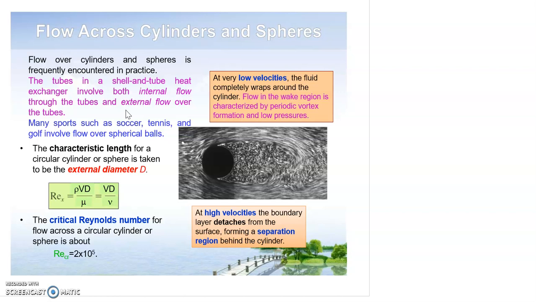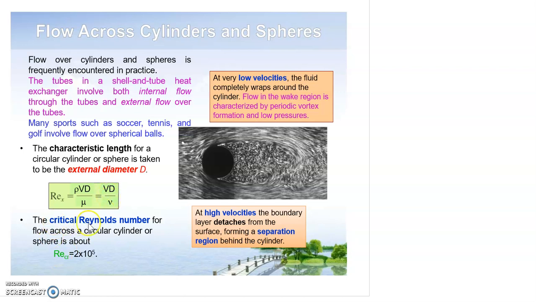So unlike the Reynolds number for a flat surface, in cylinder and sphere we use the external diameter to replace the L. So the Reynolds number for cylinder and sphere is equal to rho times velocity times D, your diameter, divided by dynamic viscosity, or velocity times external diameter divided by kinematic viscosity.